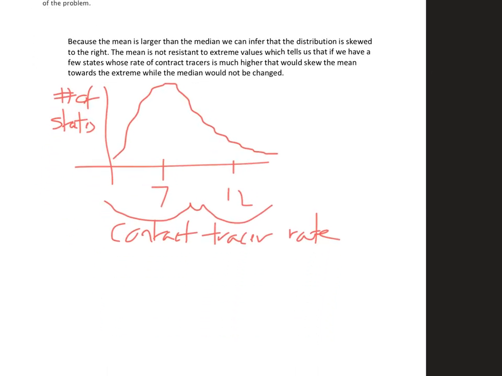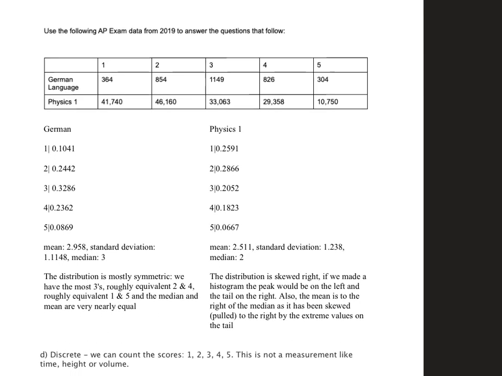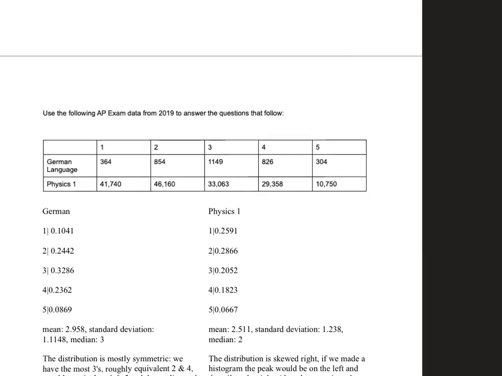Now the second question, there's a lot more to do, and so once again I just copied my typed answers here, but then I wanted to walk us through what I think this should look like. So first of all, do I have the question stem?